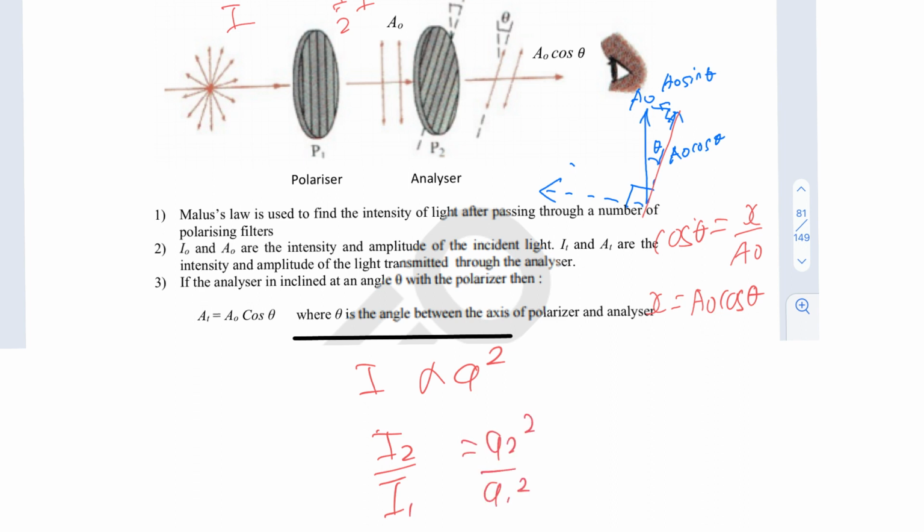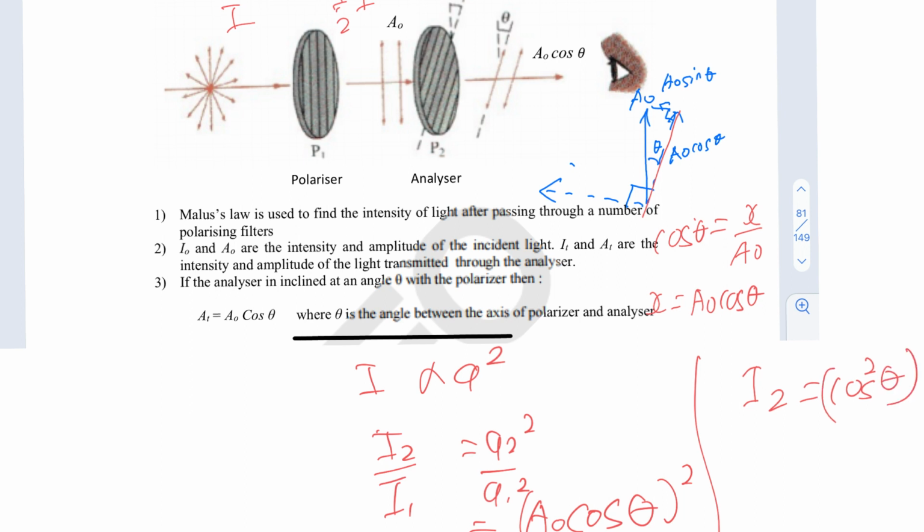Now, your new amplitude is A naught cos theta, squared, over the original amplitude A naught squared. Then you can cancel the A naught squared, and you end up with I2 equals cos squared theta times your original intensity, which is maybe I naught.